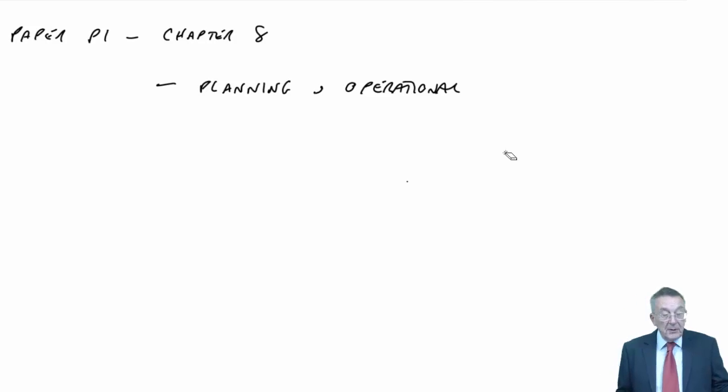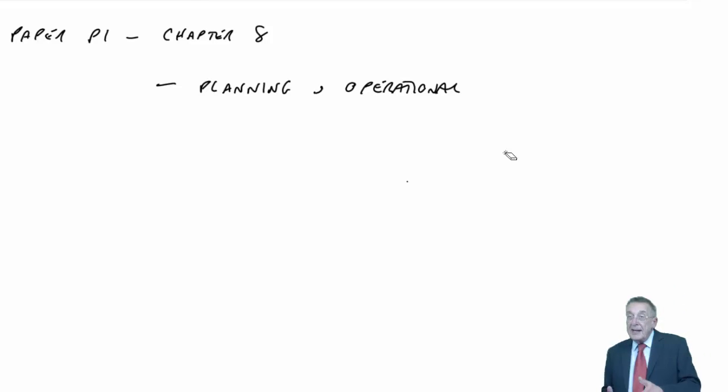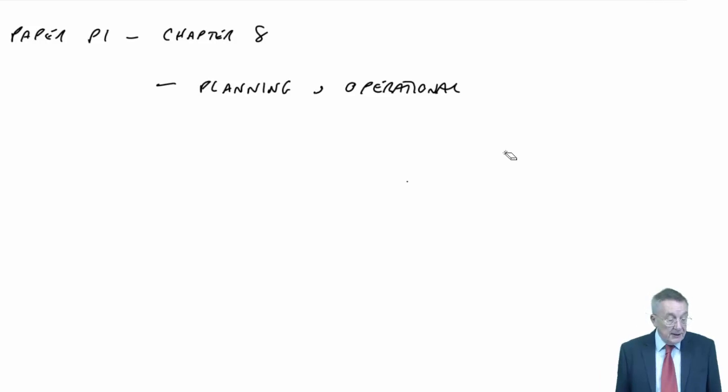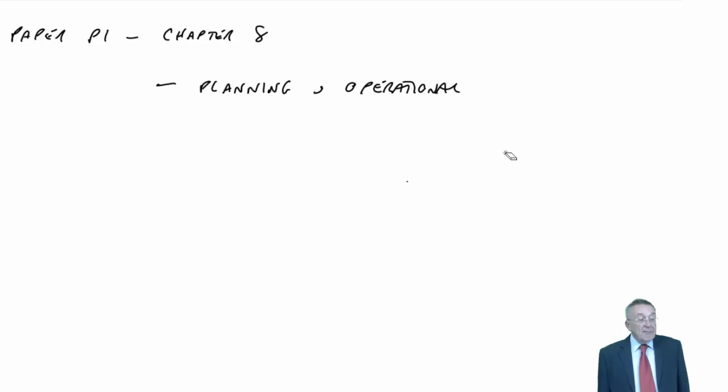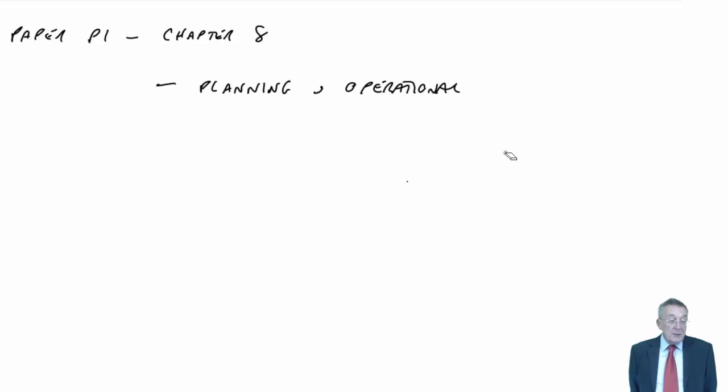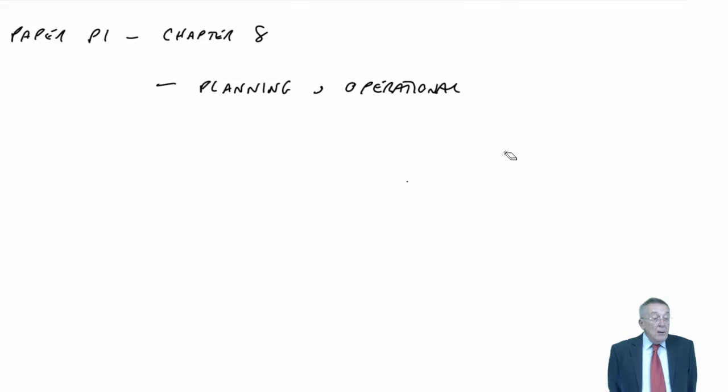If it's half an hour to produce, we thought, in the original budget, we'd be paying $14 an hour. There we go, $7 a unit. And we budgeted on producing 20,000. We actually produced 22,000. We actually worked 11,400 hours. And we actually paid $15.50.